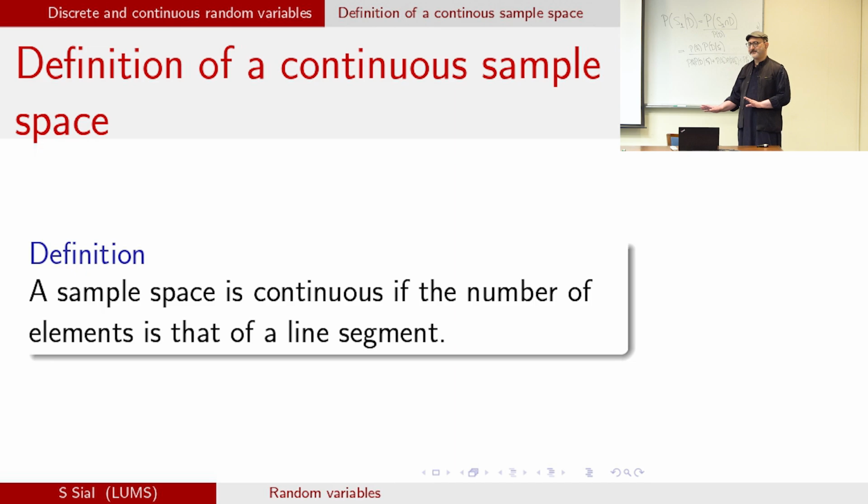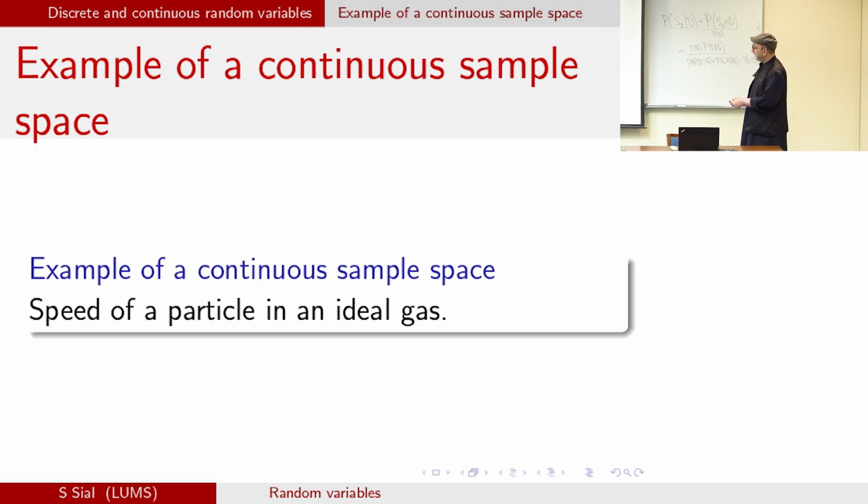You'll see a few examples of these. No, the rational numbers have the cardinality of the integers. Oh, the irrational. Well, okay. If it has the cardinality of a line segment, then it's continuous. Okay, so for the molecule of an ideal gas the sample space is continuous. And so any random variable defined on that is said to be a continuous random variable.